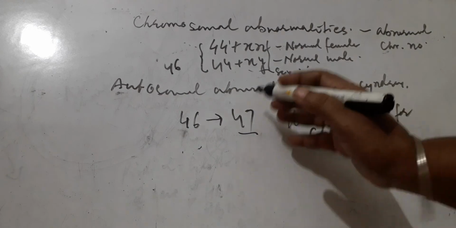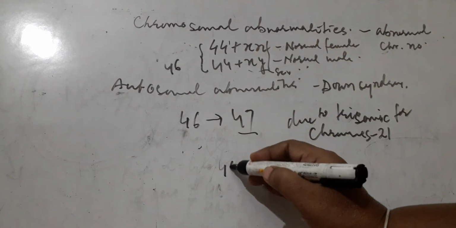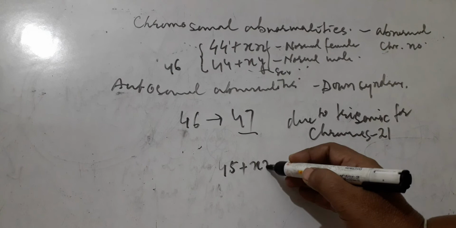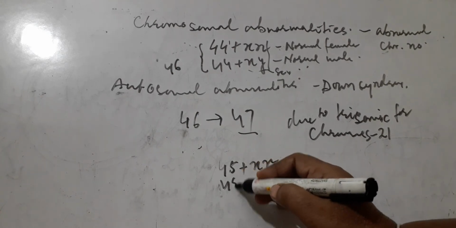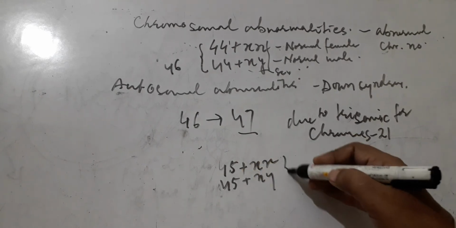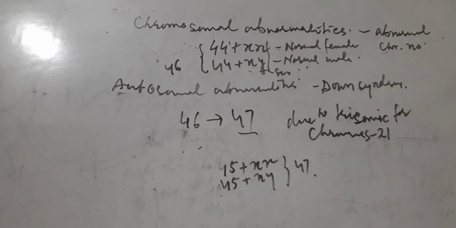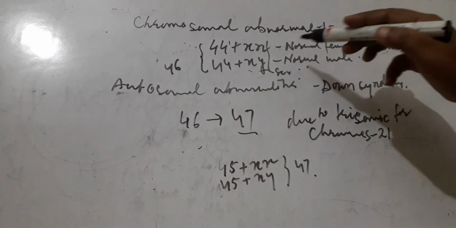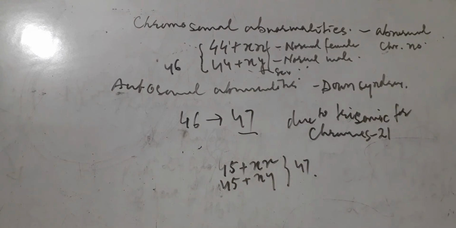For example, 45 plus XX होगा और 45 plus XY. It forms 47. It is different from normal. So Down syndrome is also known as triplo 21. मीन्स ट्रिपल है यानी वन एक्स्ट्रा है कहाँ पर 21 क्रोमोसोम्स पे.